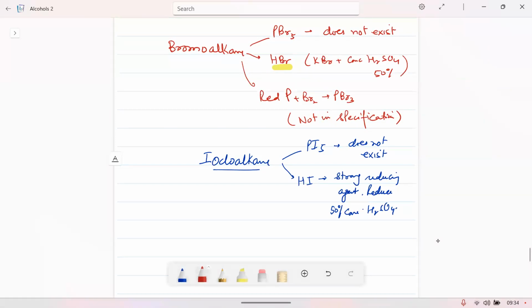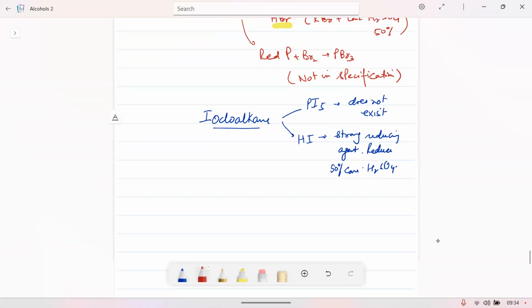Sometimes they can also say use H3PO4. You can use concentrated H3PO4 instead of H2SO4, then you can use it. So HI can be used in combination with H3PO4, but this is not in the specification, so I'm not dealing with that. What we are dealing with is red phosphorus plus iodine forming PI3.